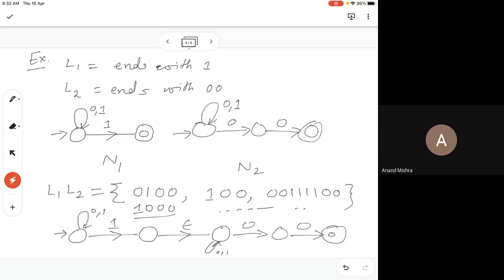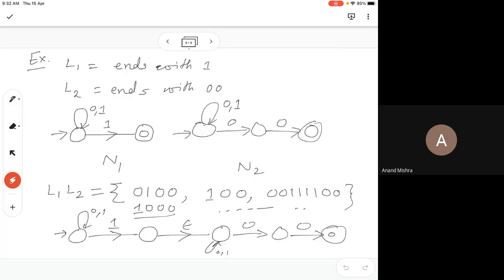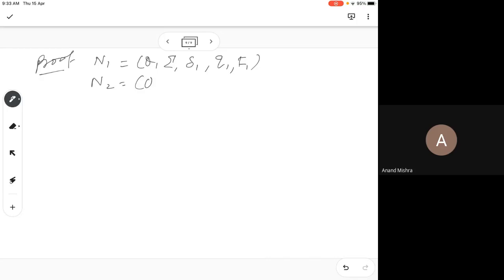So this is the concat operation. We have just seen how to do that. Now, how do you formally prove it? Very simple. Again, we need to do the proof by construction. So we have N1, which is Q1, sigma, del 1, q1, F1, and we have N2, which is Q2, sigma, del 2, q2, F2.